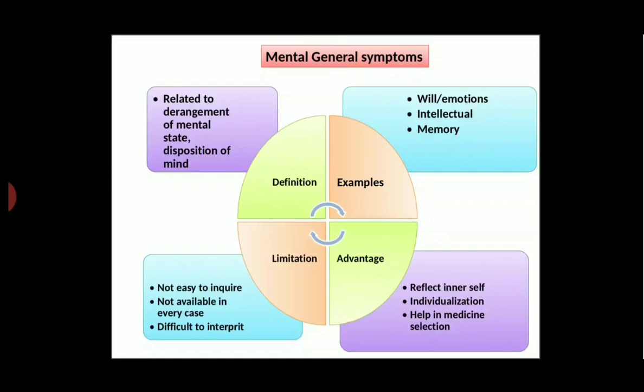Their importance is they reflect the inner self of a patient, help in individualization, and help in medicine selection. Limitation is they are very difficult to inquire, again difficult to interpret, and might not be available in every case.